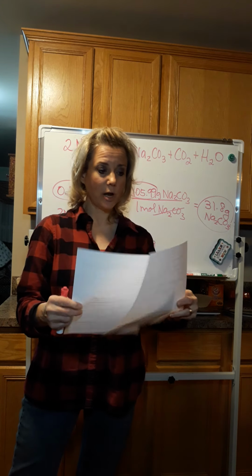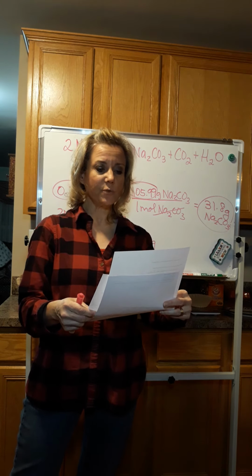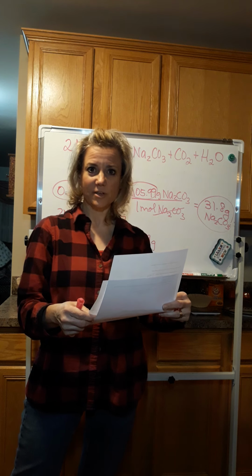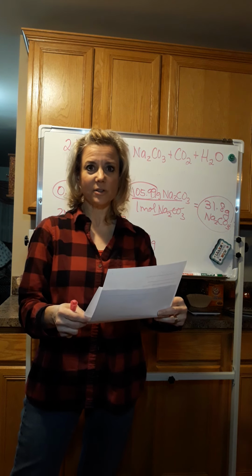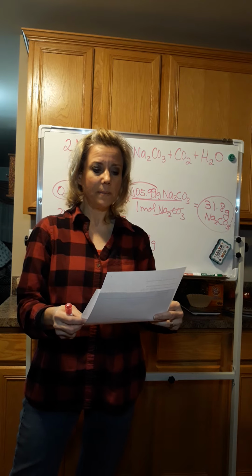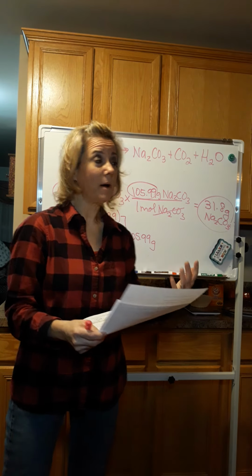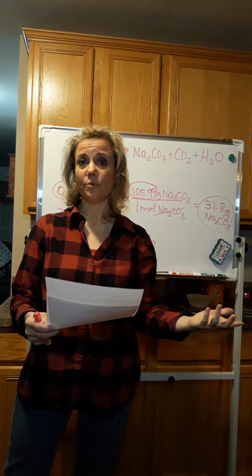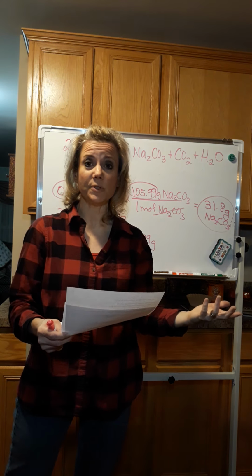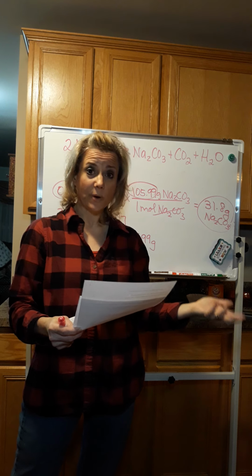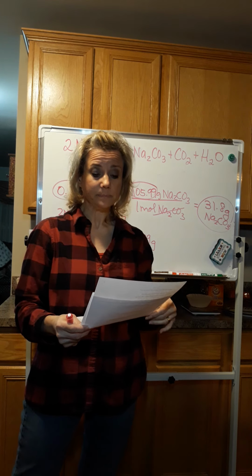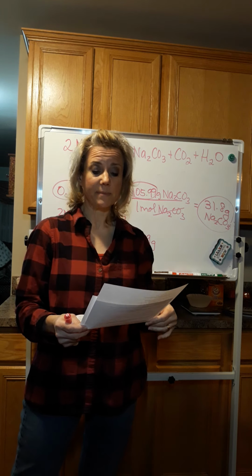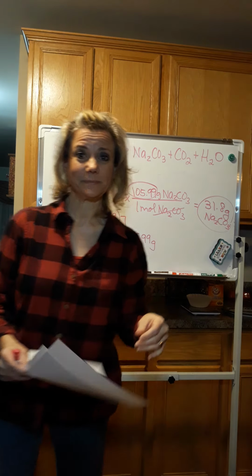And under number 10, you should write down what our theoretical yield was. The theoretical yield is how much product, how much sodium carbonate we expect to create when we decompose my 52 grams of baking soda.